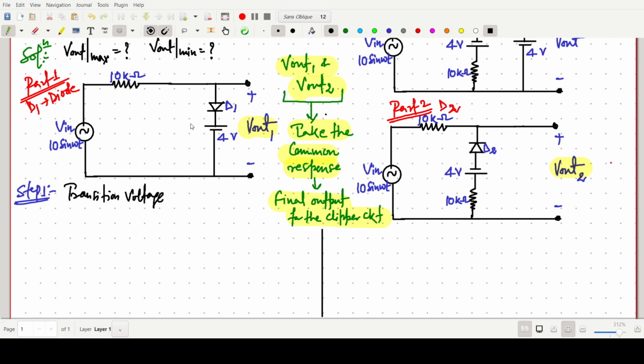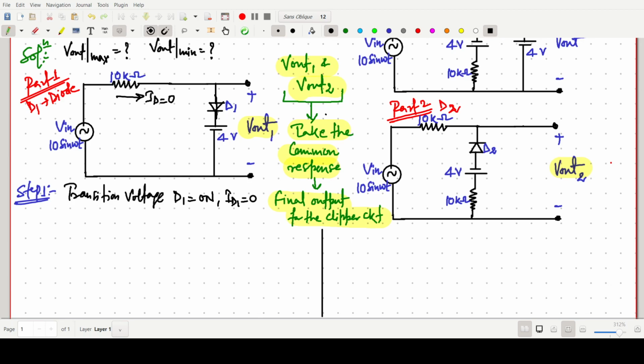Transition voltage is when diode D1 is on and the diode current ID1 is almost zero. So in this circuit we can write ID is more or less 0.